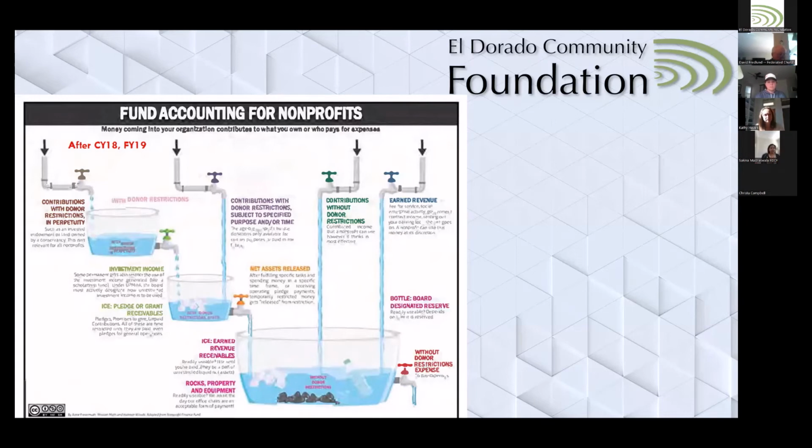So when I say with donor restriction, it's got some kind of restriction attached to it, either time, purpose, or investment. You can only spend the 5%. And without donor restriction is the large tub, where people just give without any donor restrictions, or it's money that has come in with earned revenue without anything holding it back, and you could spend the entire amount.